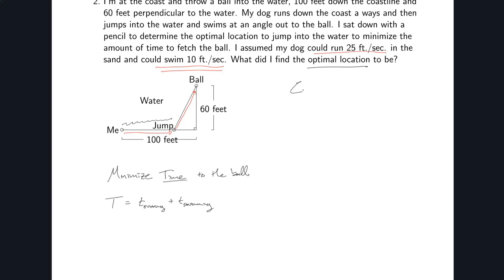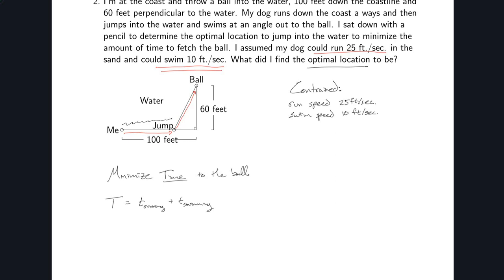Now, what are we constrained by? Well, we have the run speed of 25 feet per second. We have the swimming speed of 10 feet per second. So those are some key things, but we also have the distances.